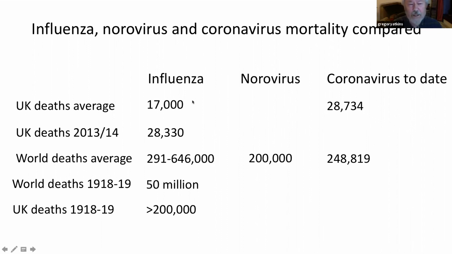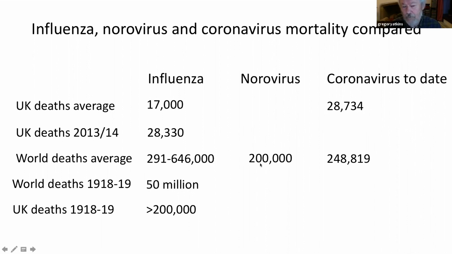All right, I just wanted to make a quick comparison to what's happened in the past. With flu, you get an average of 17,000 people dying a year. And in one pandemic year, the latest one, it was 28,000. So we're actually only on a par with this now in terms of coronavirus deaths. Flu is actually higher worldwide than coronavirus deaths have been so far.